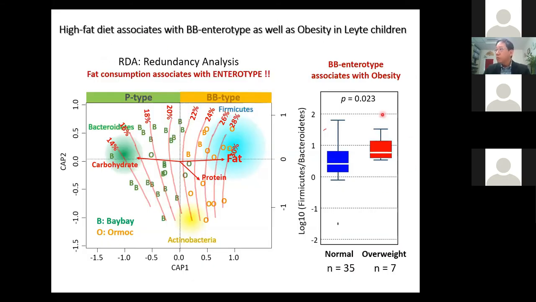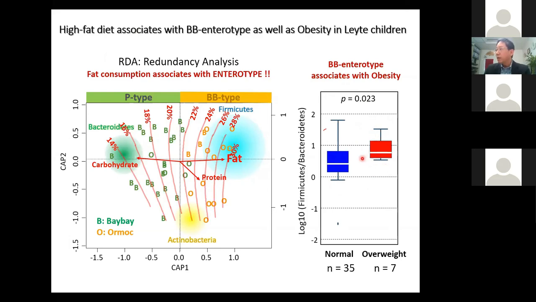And also, so we can say the BB enterotype is recruited by the high fat consumption. Okay, and actually the children having the BB enterotype is more obese.